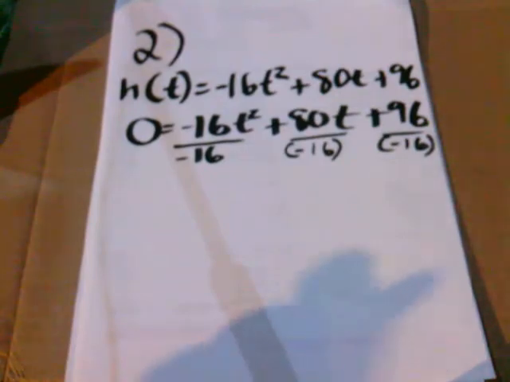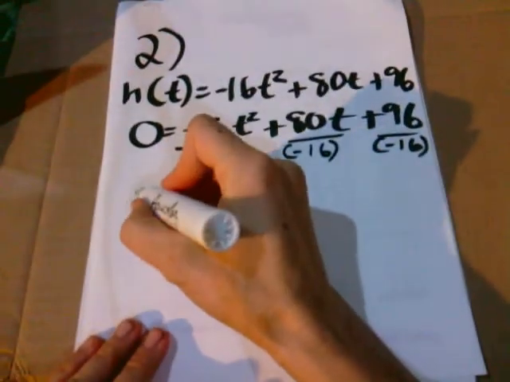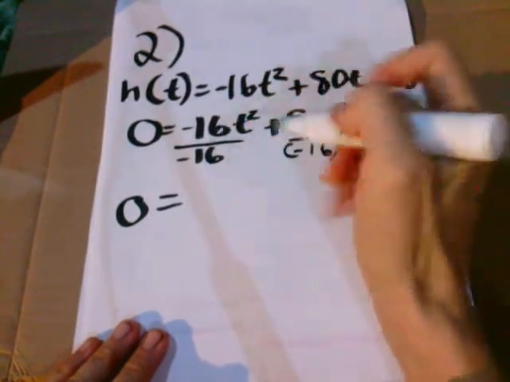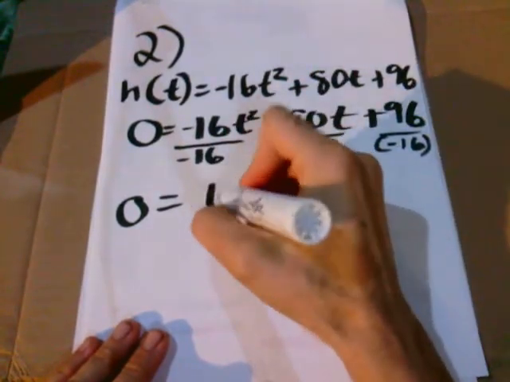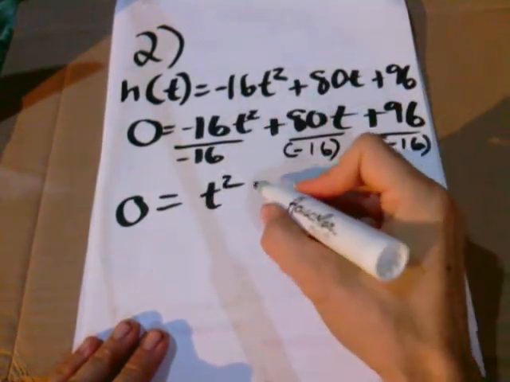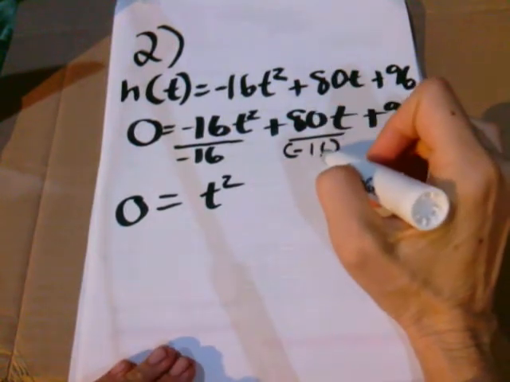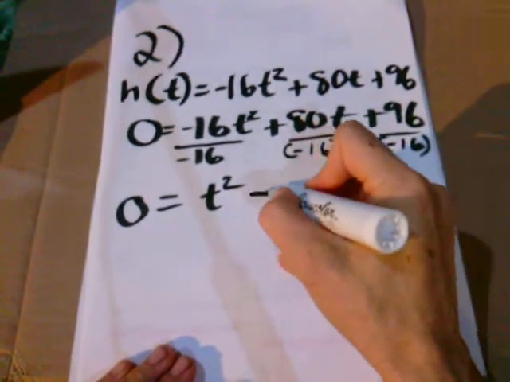So same equation, just a lot easier to solve. So 0 equals, and these cancel out, so that gives us t squared. And then this is a positive divided by a negative, so that's going to be minus.